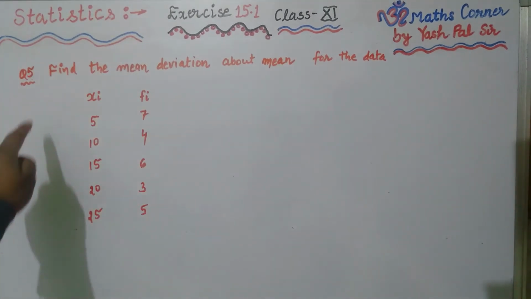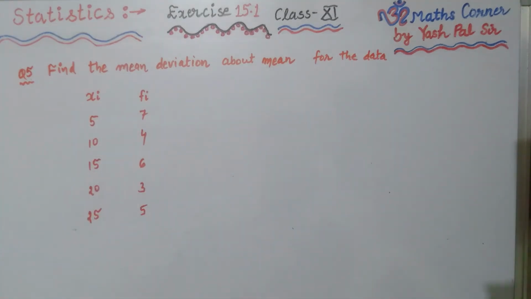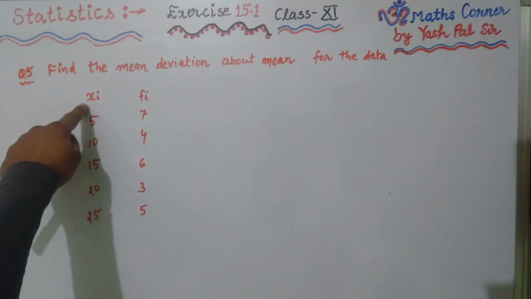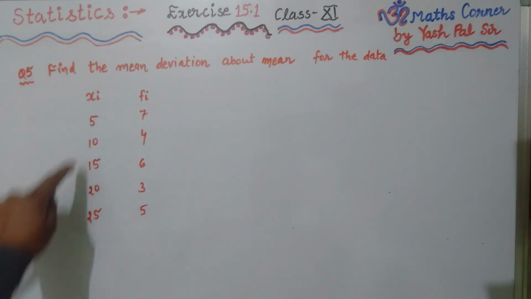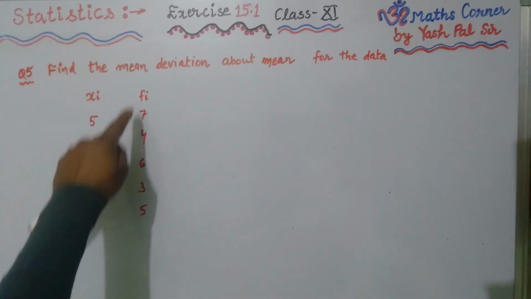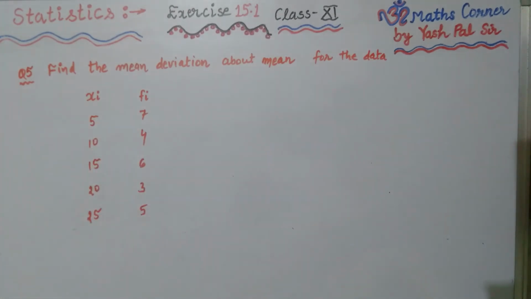Now we shall discuss how to solve questions on finding the mean deviation of grouped data, that is xi as well as fi. Frequency is also given here. This is question number 5. The observations are given, and the corresponding frequencies are also given.